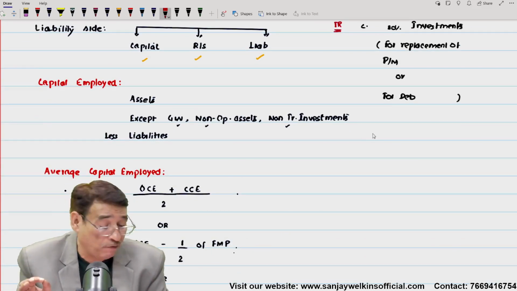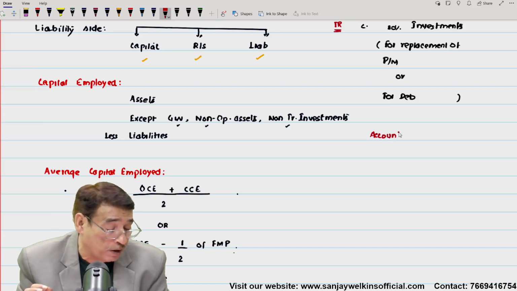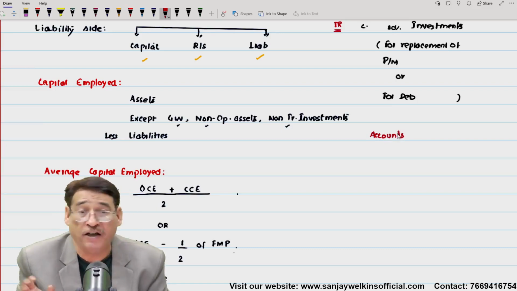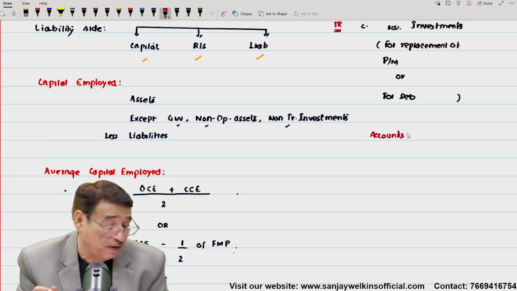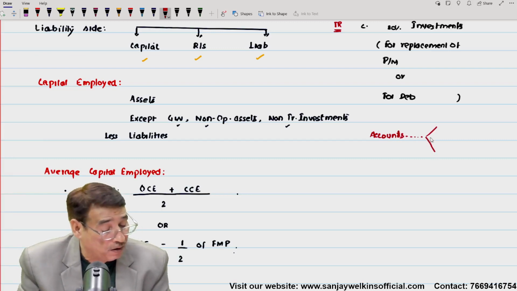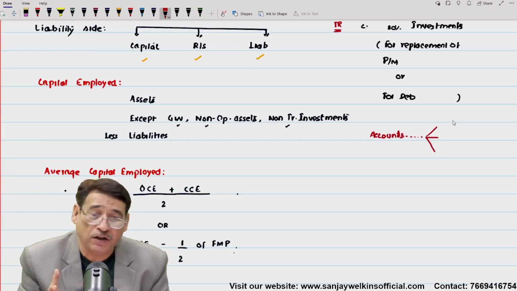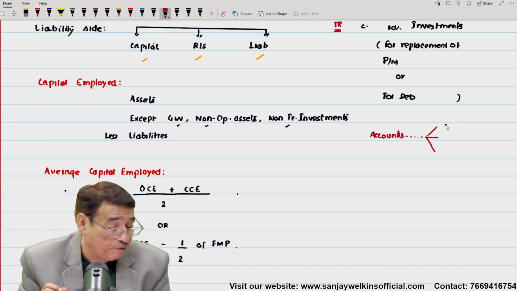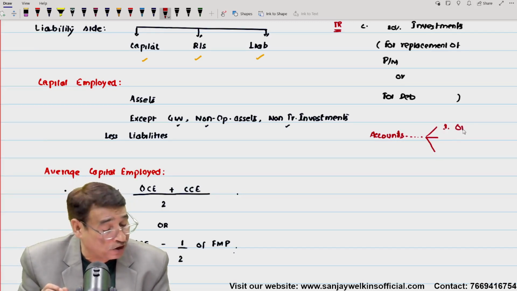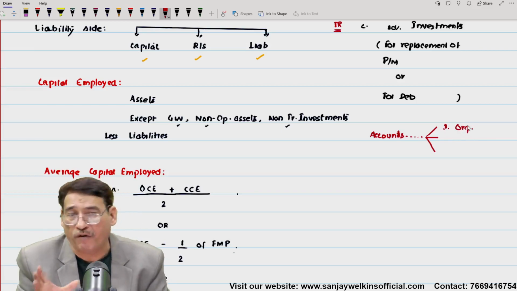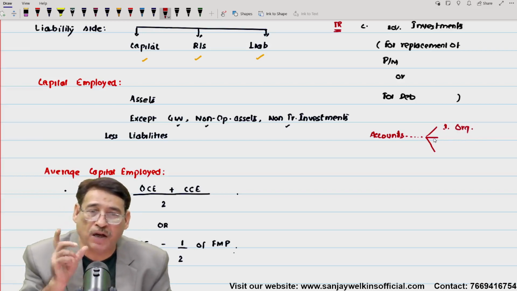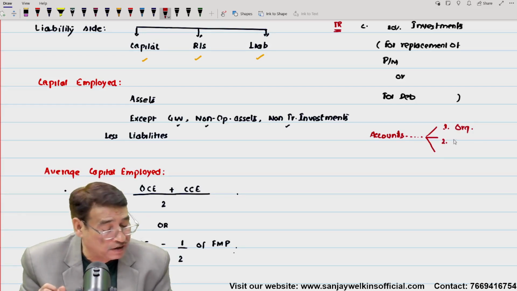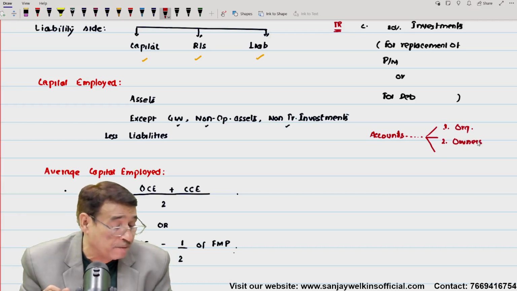Remember one thing. Whenever we do accounts, and we have been doing accounts right from our first day in the commerce class, we are dealing with three parties. The first party is known as the organization or the entity. The second party is known as the owners of the entity.